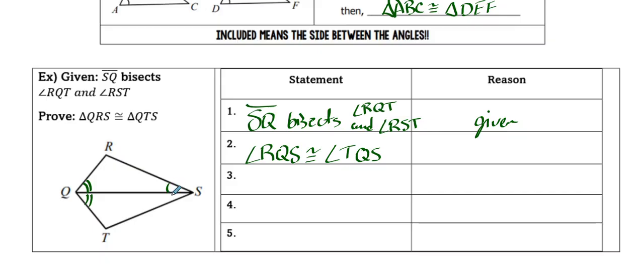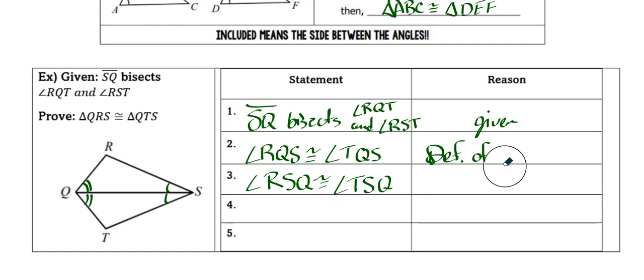And same thing on this side. RSQ is congruent to TSQ. Both of those are by the definition of an angle bisector.